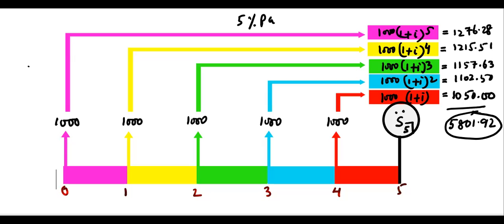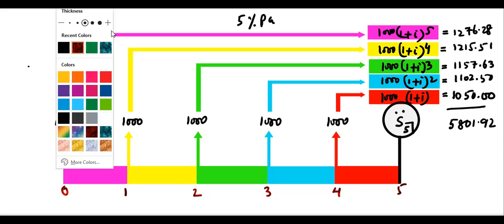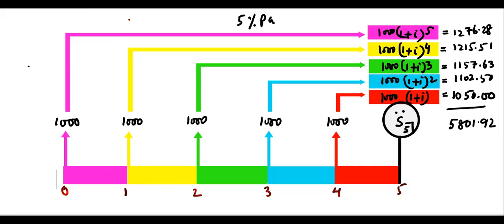Now, if you want to find it directly using the formula, so now 1000 I've written, I have to add 1000 here. This is the final value.